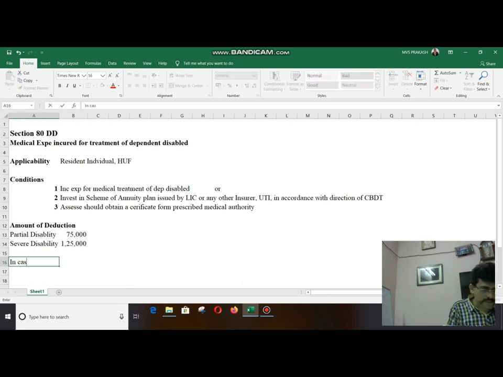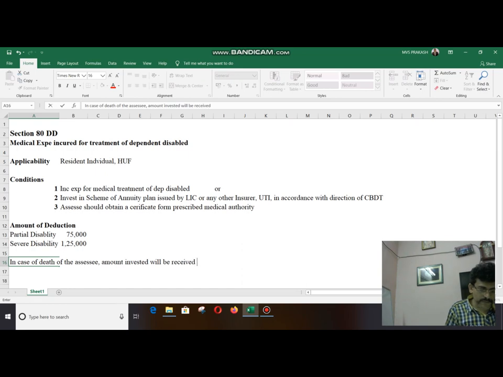Now, in case of death of the SSC, who is SSC here? SSC could be a resident individual or the SSC could be HUF. So ultimately in the case of death of the SSC, the amount invested will be received by whom?